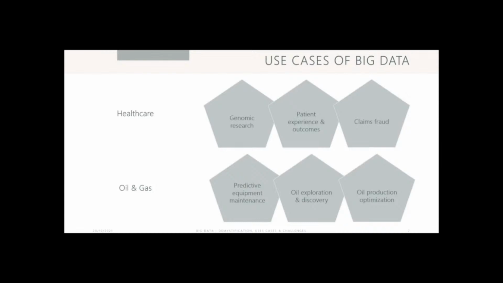With regards to claims fraud, big data can help you detect fraud. It is mostly used in financial services, where you can detect anomalies and outliers and understand when a claim or transaction is fraudulent.